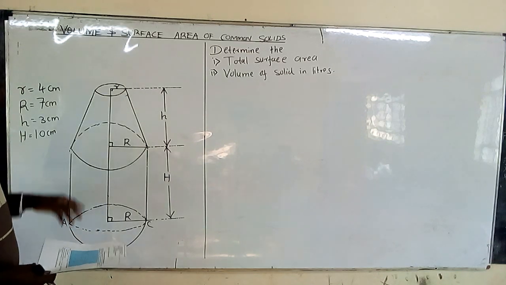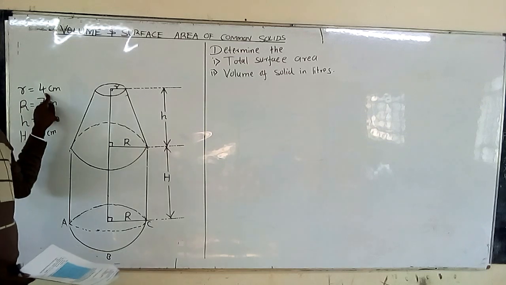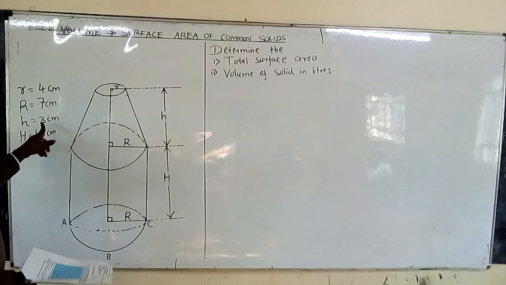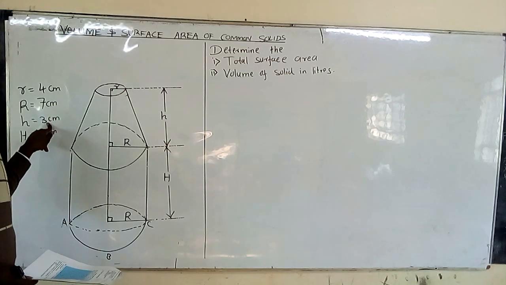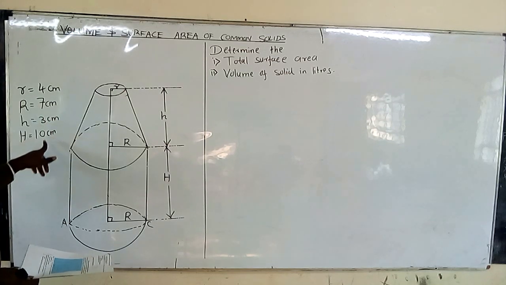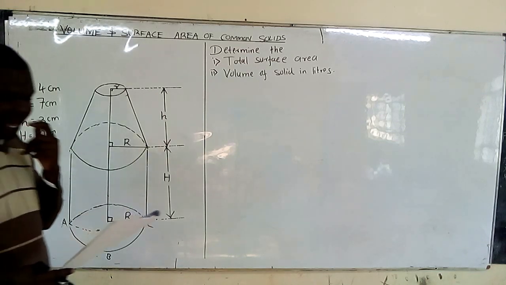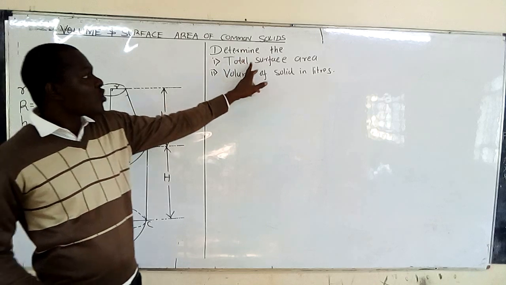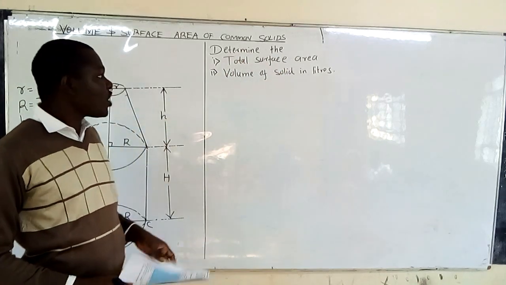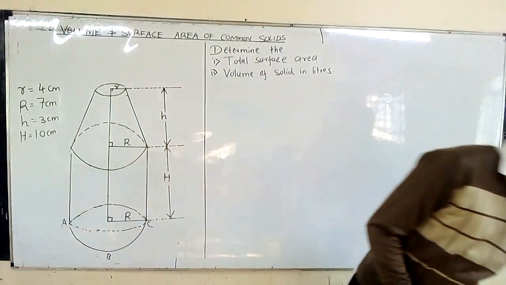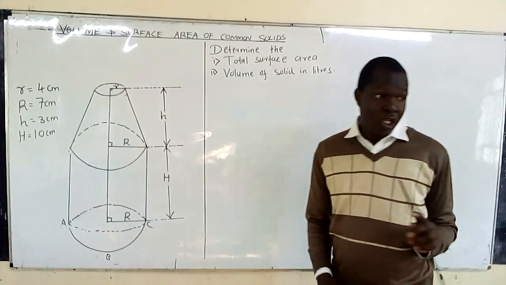Then you've been told to take small r to be 4 centimeters, big R to be 7 centimeters, small h to be 3 centimeters, and capital H to be 10 centimeters. Hence, you determine the total surface area and the volume of the solid in liters, isn't it?